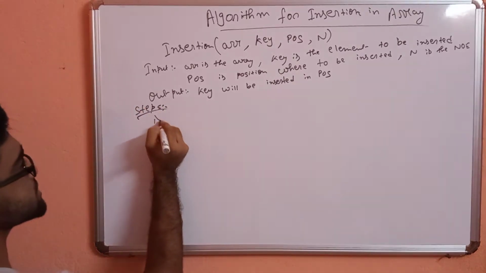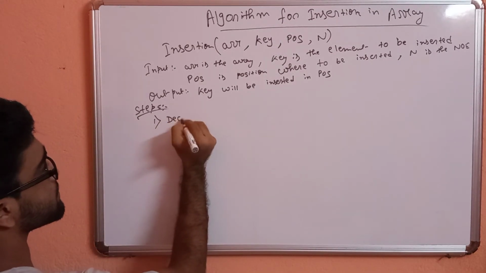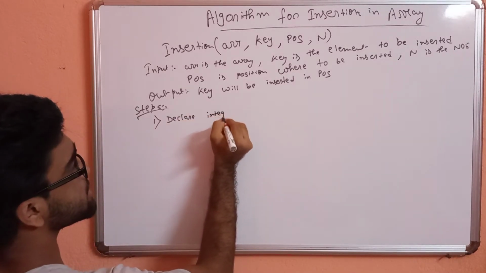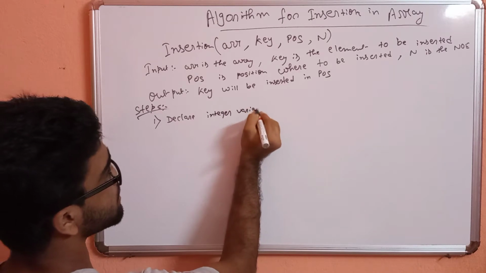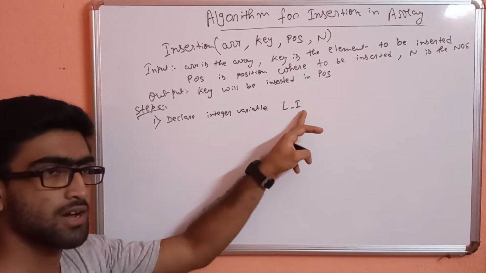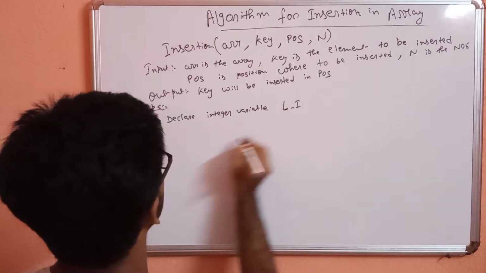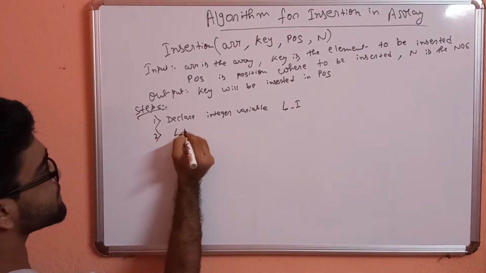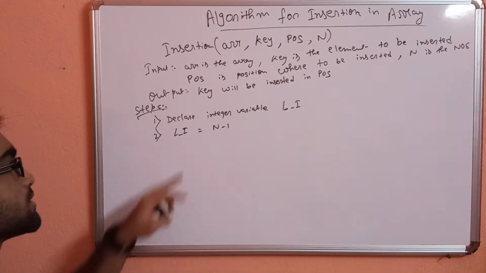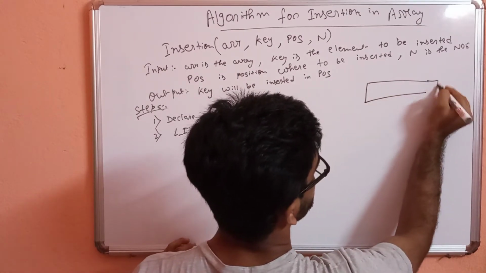So step 1, first let us declare a variable. Declare an integer variable li. What is li? I am writing it in short, last index. Li is the last index. So step 2, li equals n minus 1.